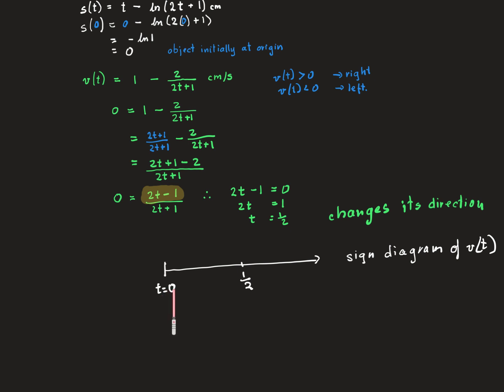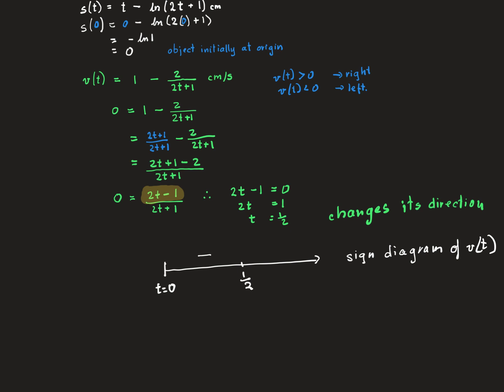If I choose, for instance, t equals 0 for this section here, and I insert it into the velocity function, that becomes 0. The minus 1 over plus 1 is a negative number. In that case, our sign diagram will show a negative sign.